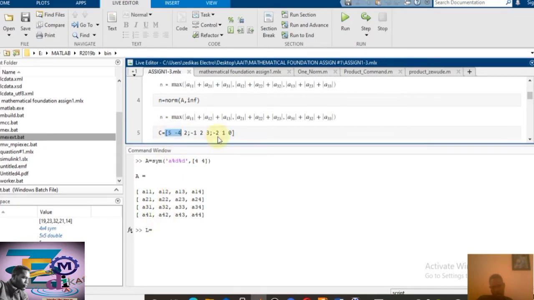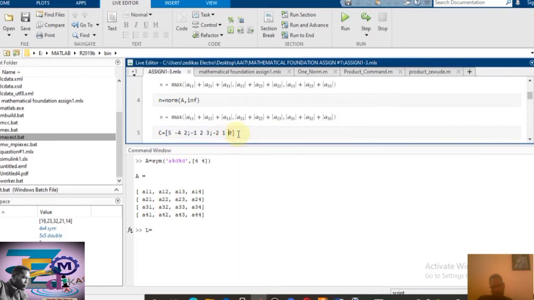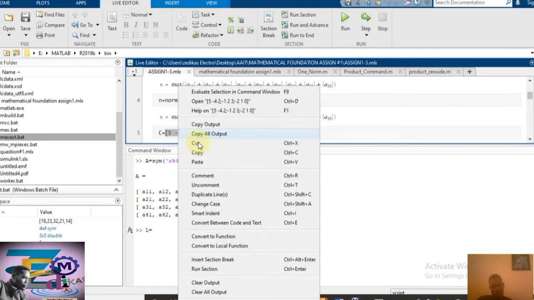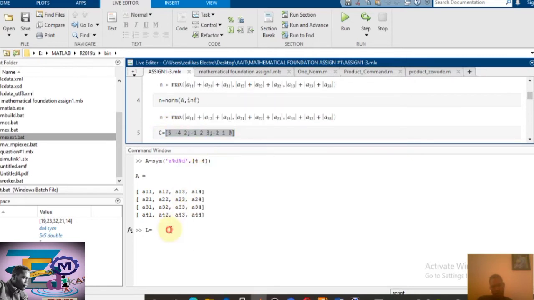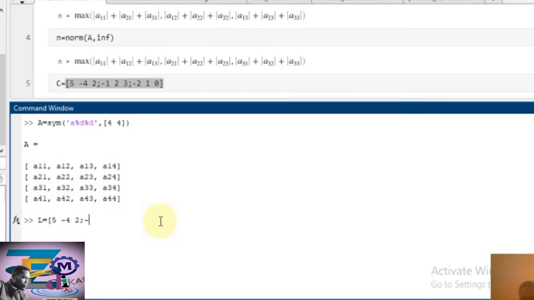For my case, I will take this one. This is basically for illustration purposes. But before that, let me show you the infinity norm of this A matrix.